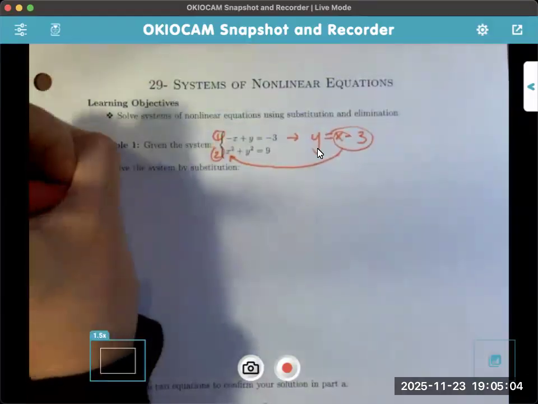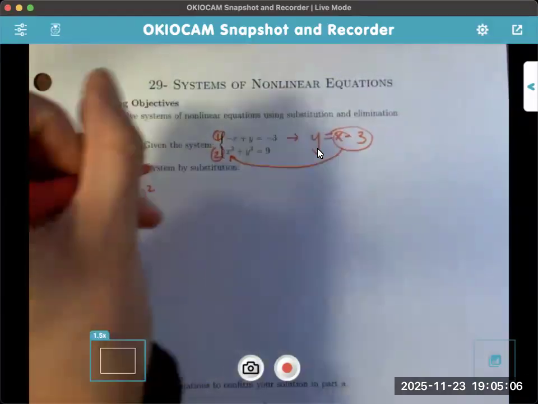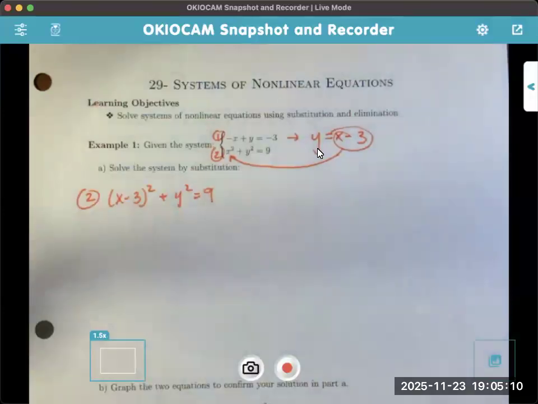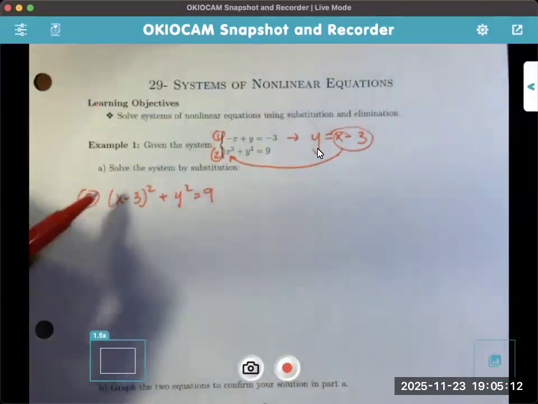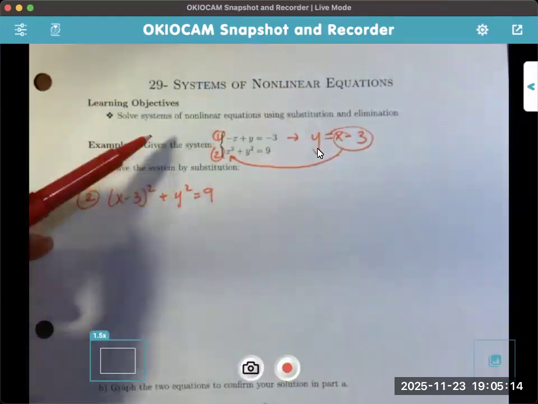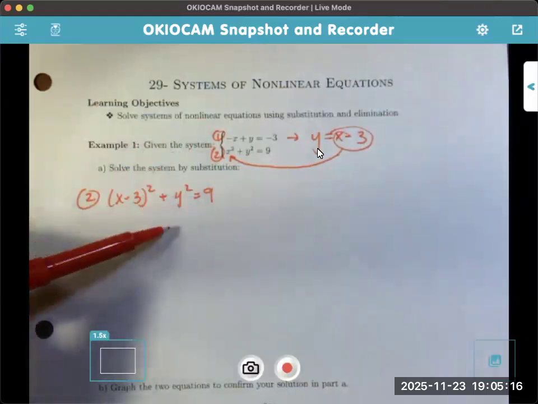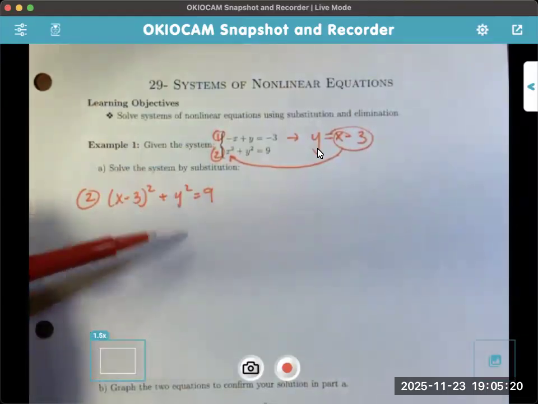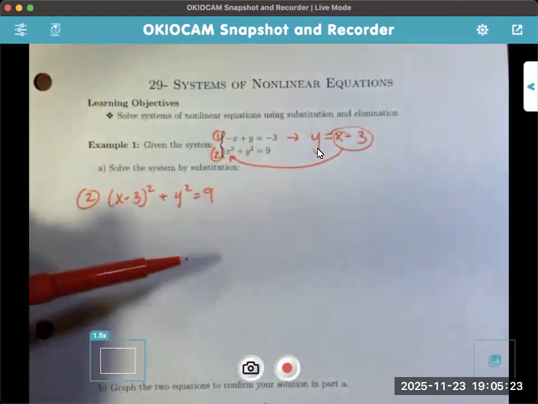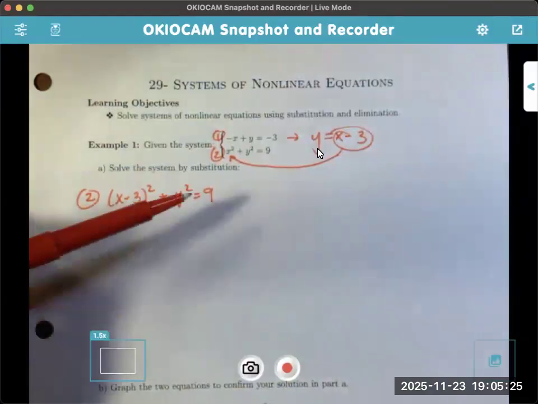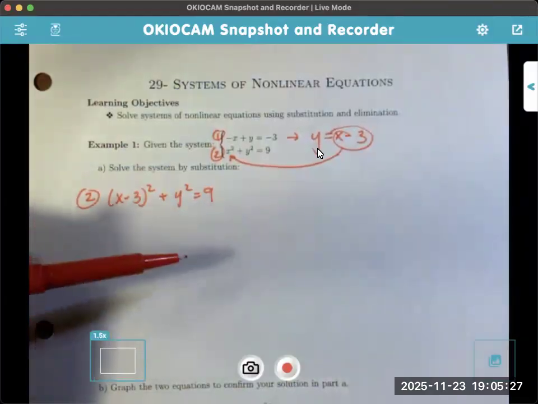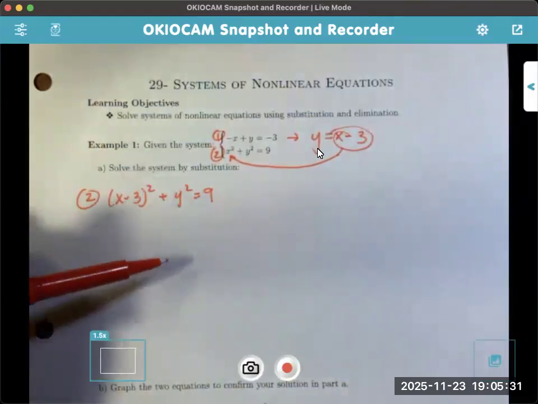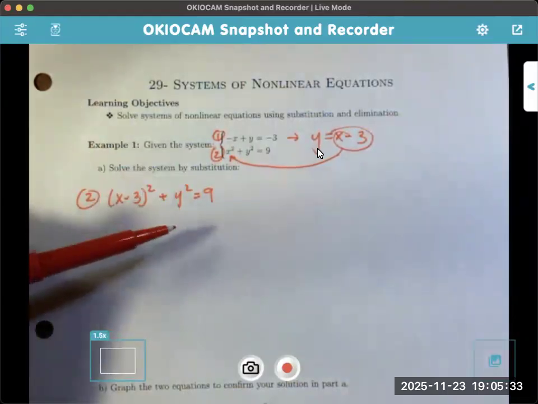So 2 says x minus 3 quantity squared plus y squared equals 9. Also of note, with these, because they're nonlinear, a lot of the times we are going to have more than one solution, meaning we might have two ordered pairs or three ordered pairs, right? Four ordered pairs. It just depends on the type of equations you're given. So just be prepared for more than one solution.